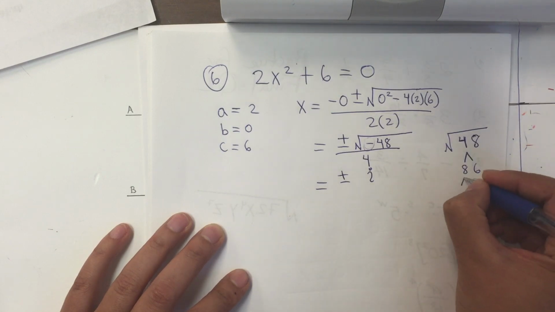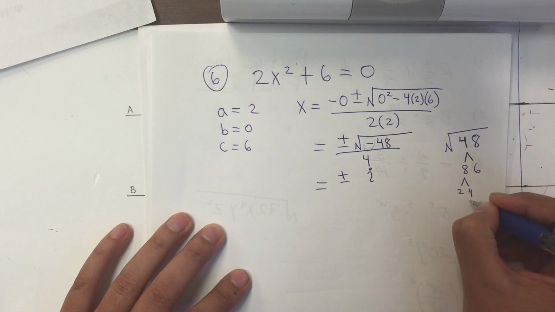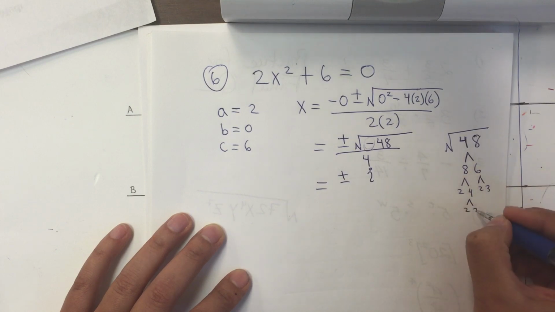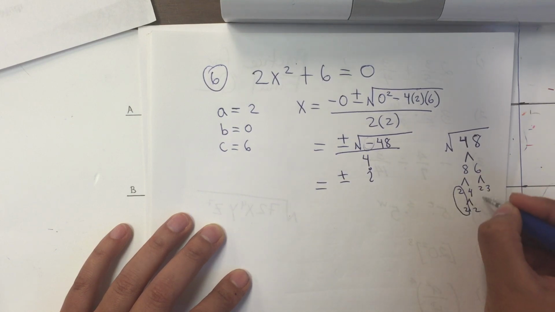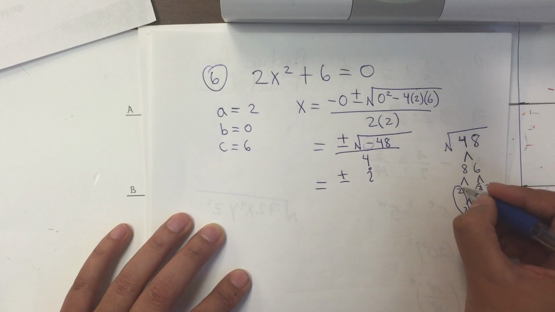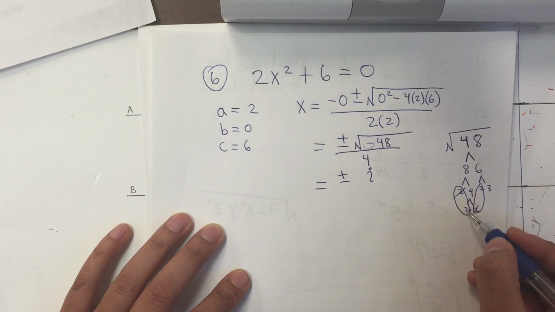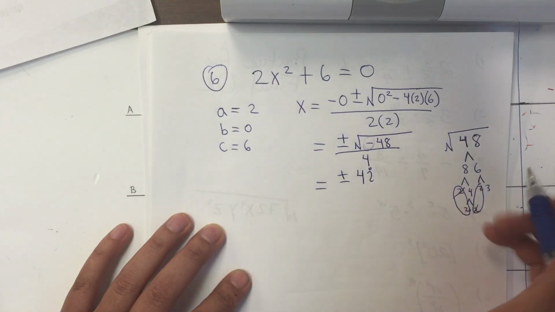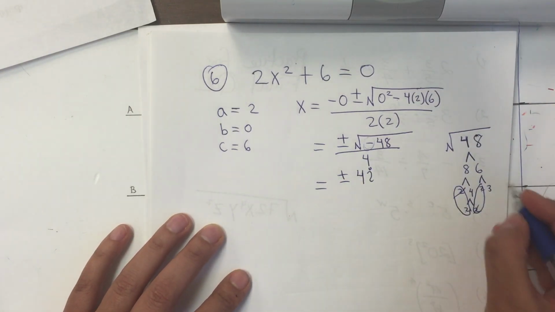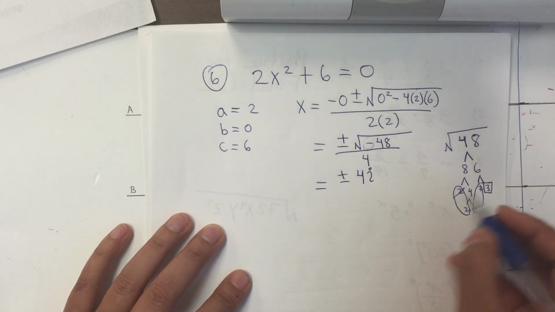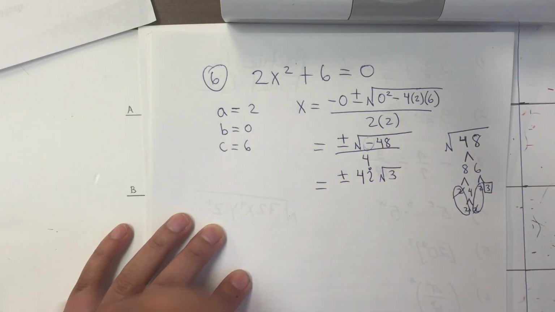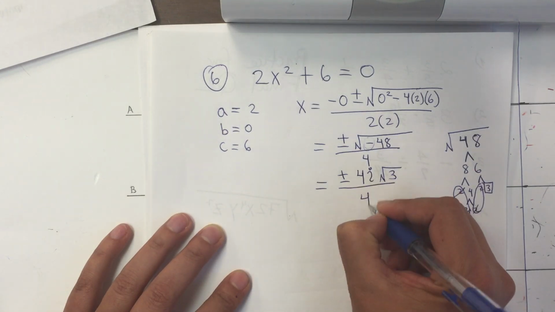So 8 times 6, 2 times 4, and 2 times 2, and the 6 is 2 times 3. And so I start making pairs. Remember that we cross one out, and so those 2 times 2 will be the 4 that you're going to put in here. And we have a 3, which is the square root of 3 in front of it, all divided by 4.